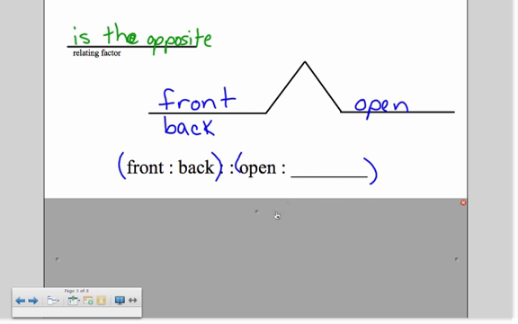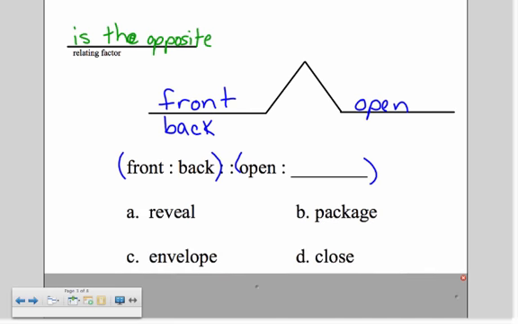Now that I have a firm understanding of what that relationship is, underneath this are the choices that I'm given. I need to, of course, find the best choice, and I'm going to use my relating factor to help me find that choice. Open is the opposite of reveal. Now, I would say open and reveal are synonyms.